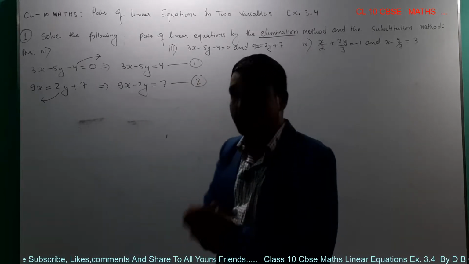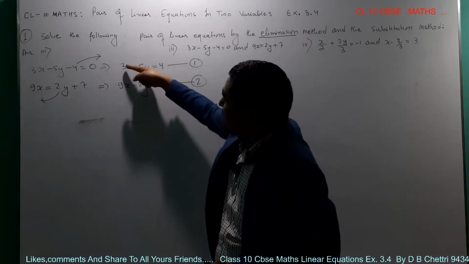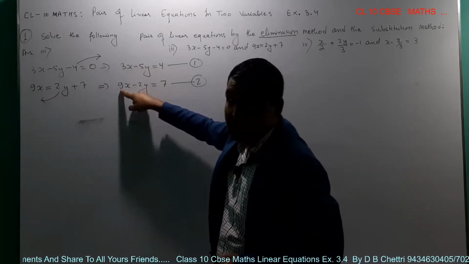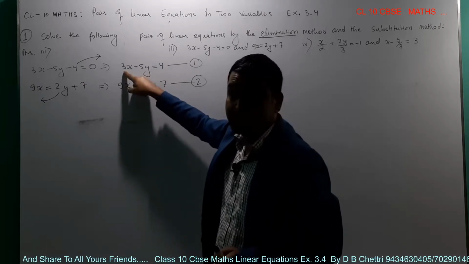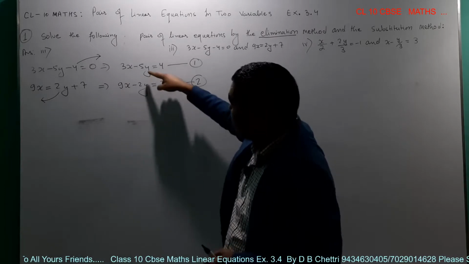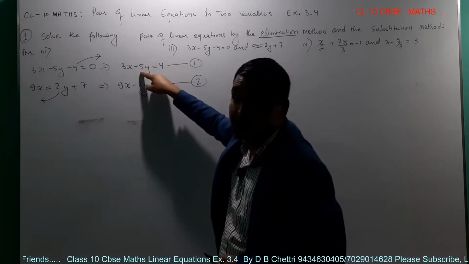Now we have two options: make the coefficient of x the same, because there is a 9 here and in the other equation 3 is there, that means their coefficients are not the same. Or you can make the y coefficient the same.